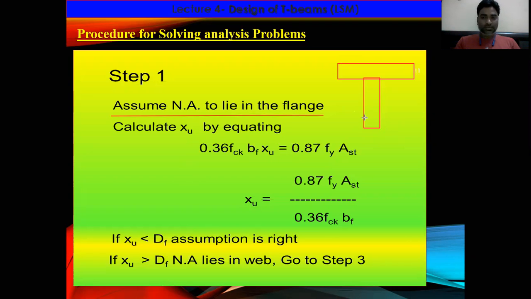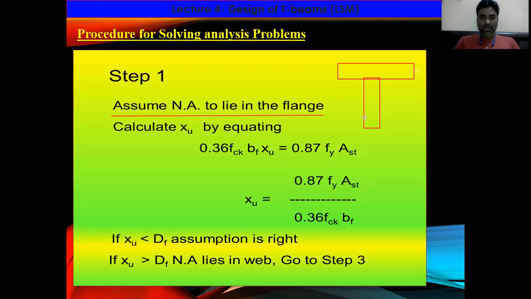Because if you know whether the depth of neutral axis is within the flange or within the web, then only you are able to determine the moment of resistance. Because the concept of determining the moment of resistance in T beams is different if the depth of neutral axis is within the flange and different if it is within the web.